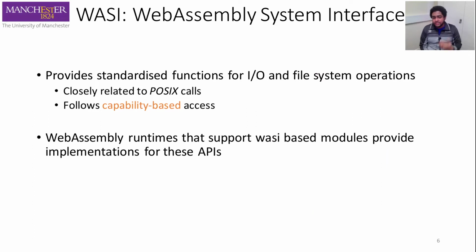This is the WebAssembly System Interface, POSIX-like function calls that provide access to input and output features with capability-based access. This enforces the sandboxing environment of WebAssembly itself and can only access resources that are specified when running your program. Runtimes that need to support WASI-based modules have to provide an implementation of these function calls.